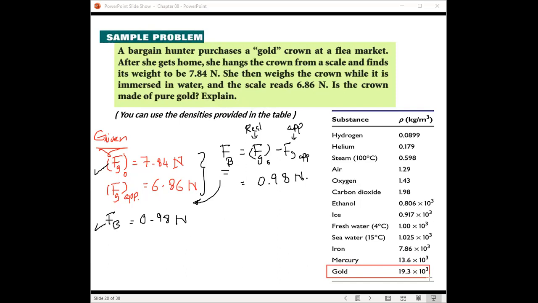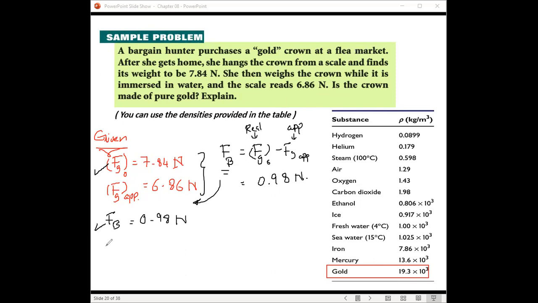I want to find the density of what? The density of the gold. The question says what? Let's continue reading. Is the crown made of pure gold? So I'm not sure the crown is made of pure gold. So the idea is to find the density of the object. So what's required here?